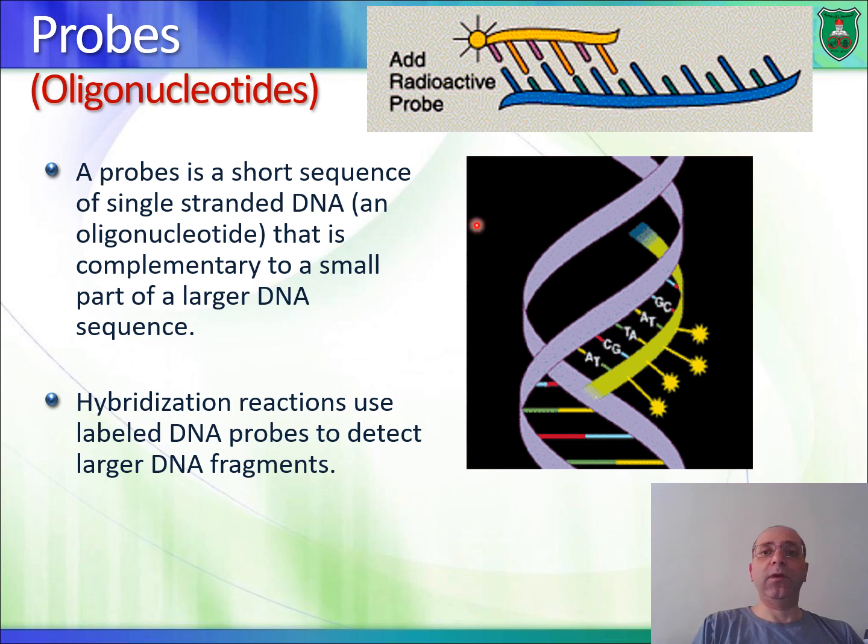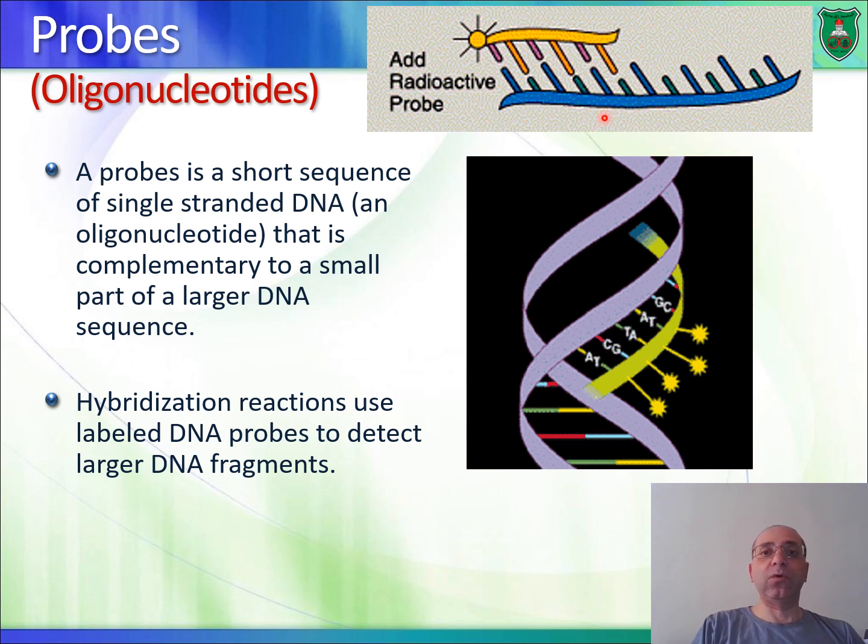And usually we label probes. Remember the difference between labeling and staining. So we label a probe. We attach a fluorescent tag, or we make the probe radioactive using radioactive phosphorus. So wherever the probe goes, we can see it. We can observe it. We can detect it.